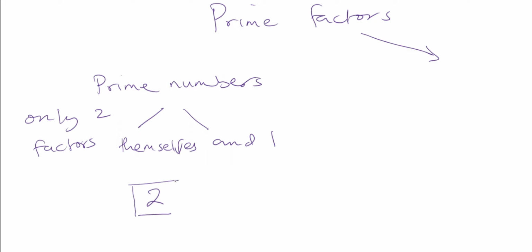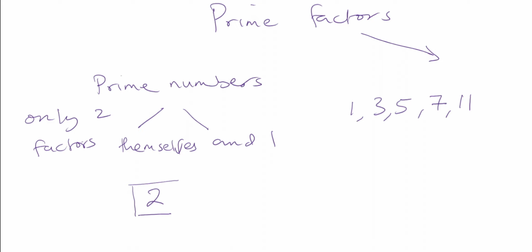And I've often seen students omitting 2 when they are asked to list the first 5 prime numbers. So you ask students to list the first 5 prime numbers, and they are likely to go 1, 3, 5, 7, 11.